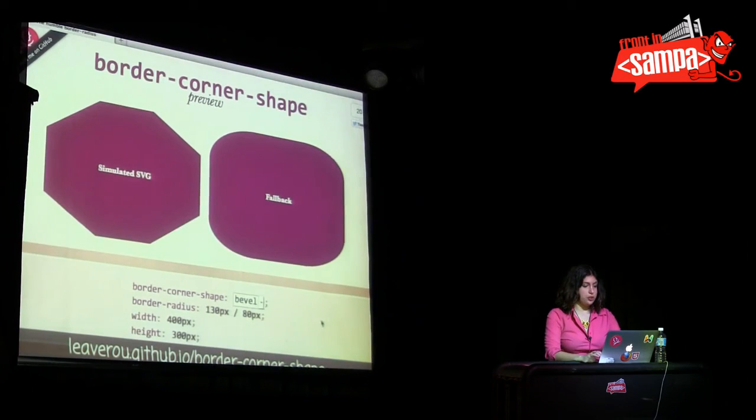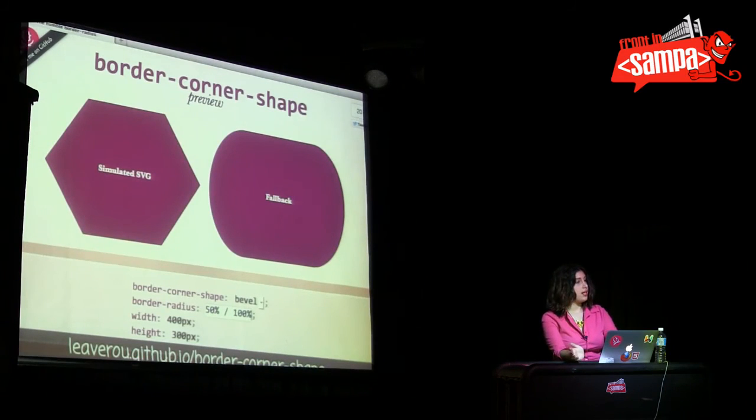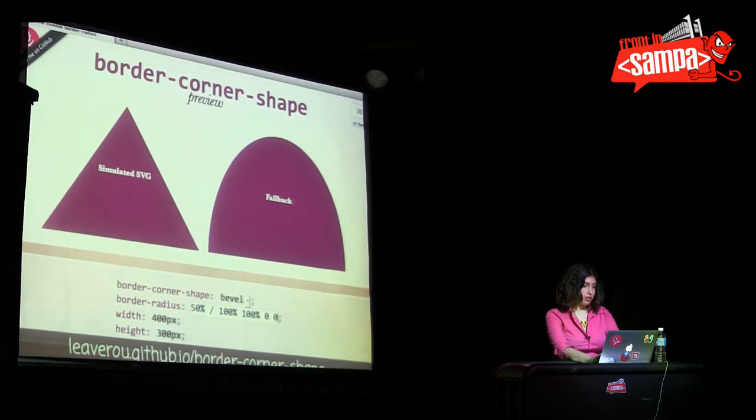And there's also bevel, which I think is the coolest value, because it allows you to do all sorts of stuff that's so difficult today. So by just specifying 50%, you can do a rhombus. How would you do a rhombus with CSS today? You can, but it's a mess. Or you could do a hexagon, or you could do a triangle.